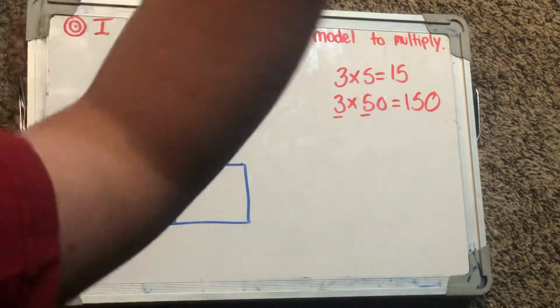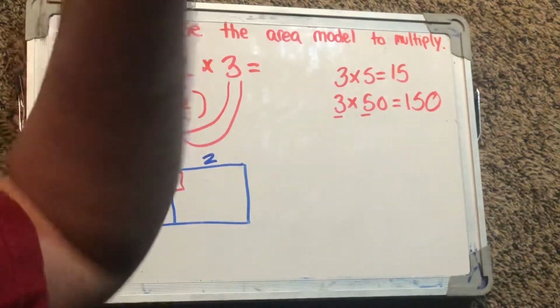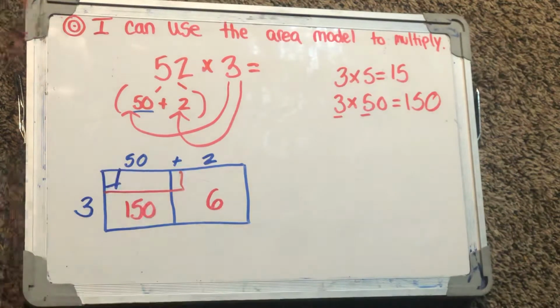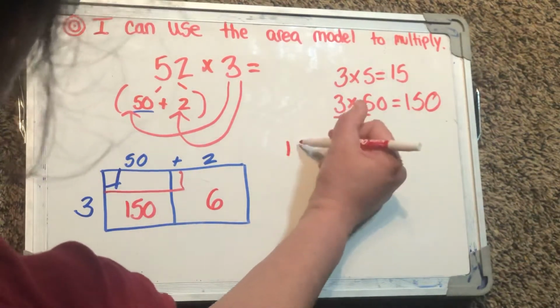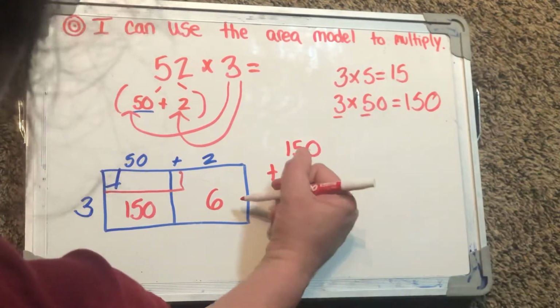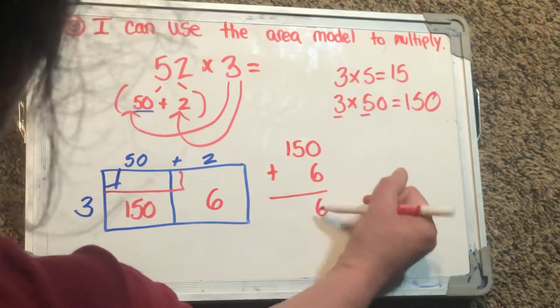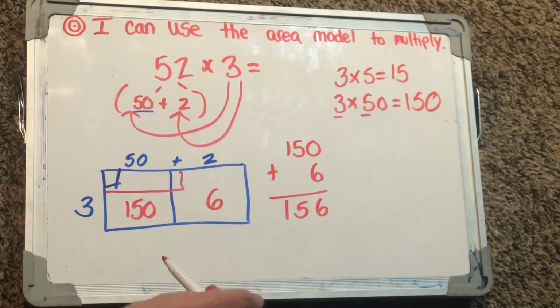So I could say 2, 4, 6, or I could say 3, 6. Either way, 3 times 2 is 6. And then I'm going to add my partial products. 150 plus 6. And that 6 is going to go in my ones place. 156.